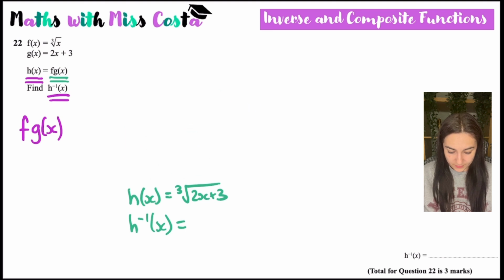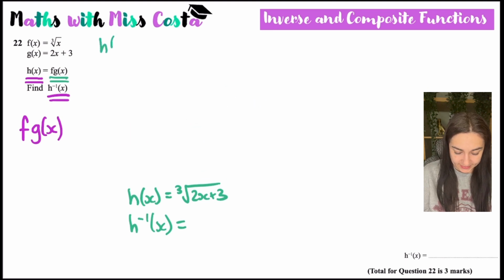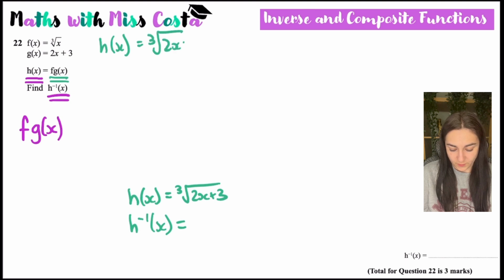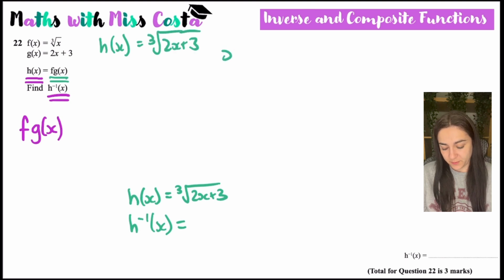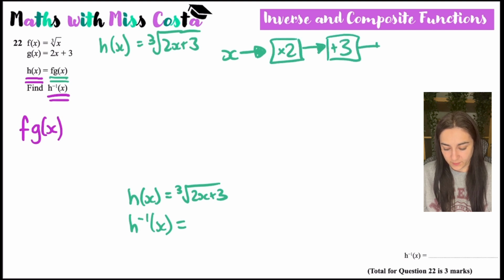So if h of x is the cubed root of 2x plus 3, and I wish to do a function machine, and I start with x, what's the order of operations? So what's the first thing that happens to x? It's being multiplied by 2, and then I'm adding 3 to it, and then I am cube rooting it, and that gives me my output.